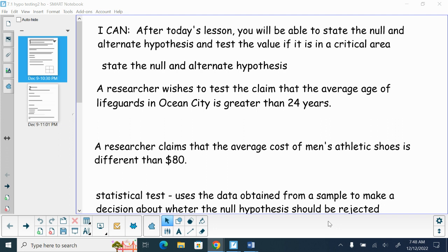Okay, just going through a couple more hypotheses on the idea of null and alternate hypothesis. The researcher wishes to test the claim that the average age of lifeguards is greater than 24 years. He wants to test a claim that the lifeguards in Ocean City are greater than 24 years.